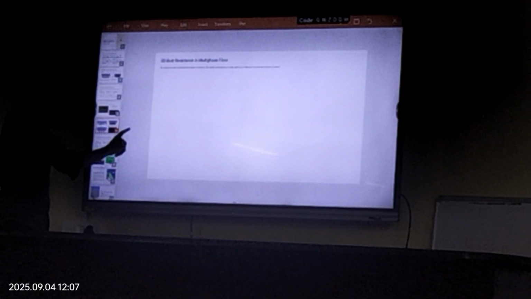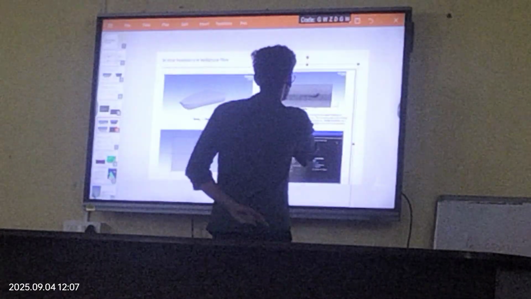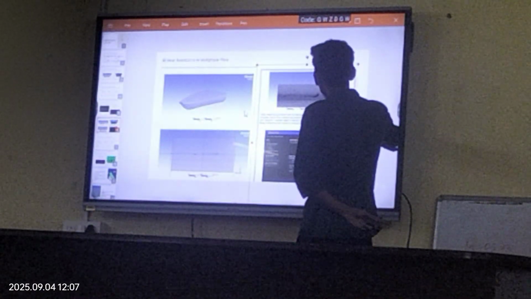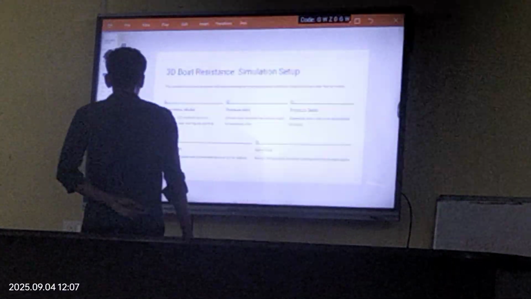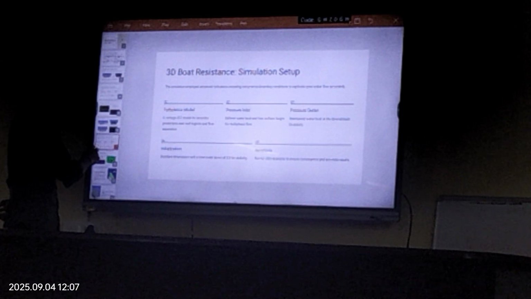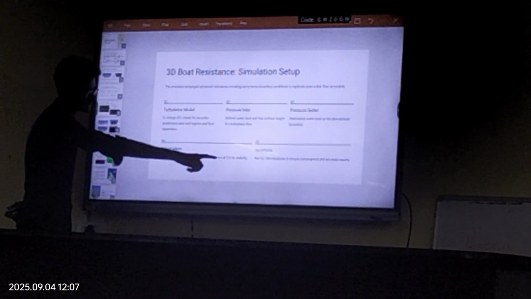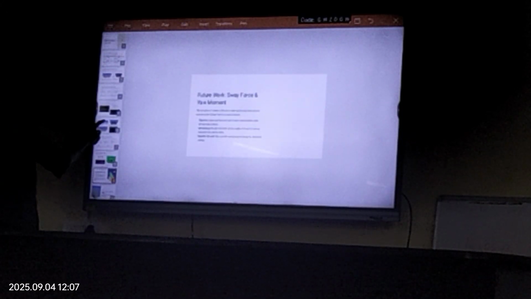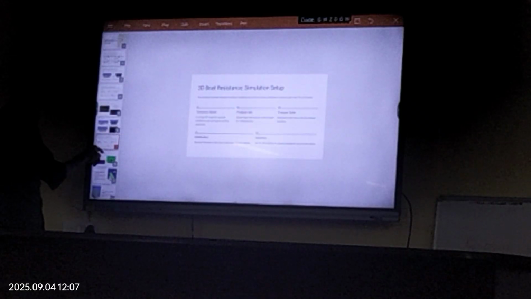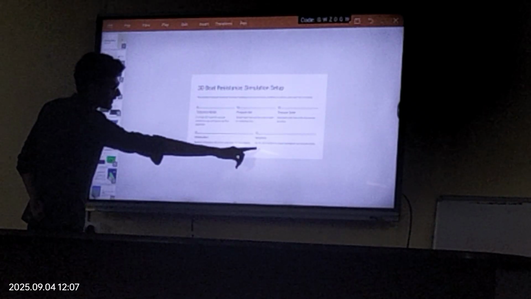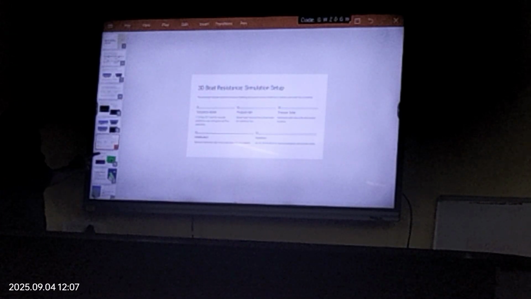I have taken the boundary conditions as pressure inlet, velocity inlet at 2 meters per second, and pressure outlet. I made the initialization with a scale factor of 0.5 to make the interface very calm with fewer waves. I ran up to 200 iterations, which gave convergence.